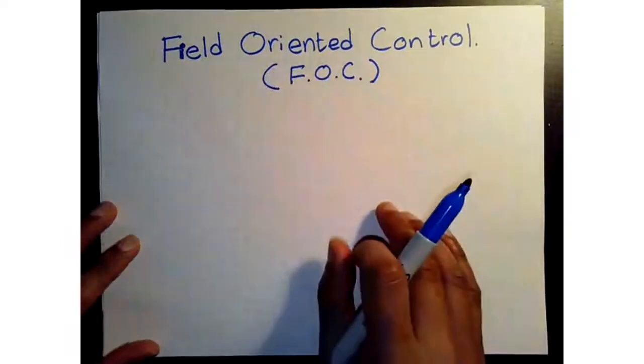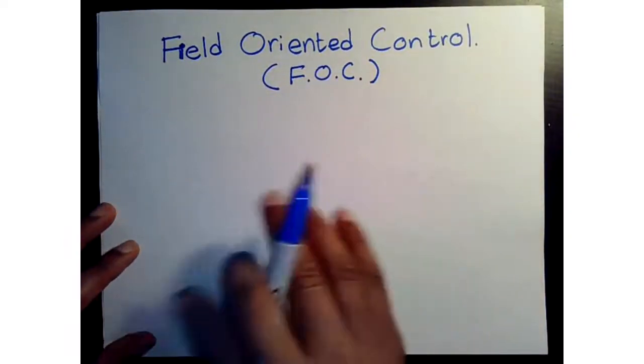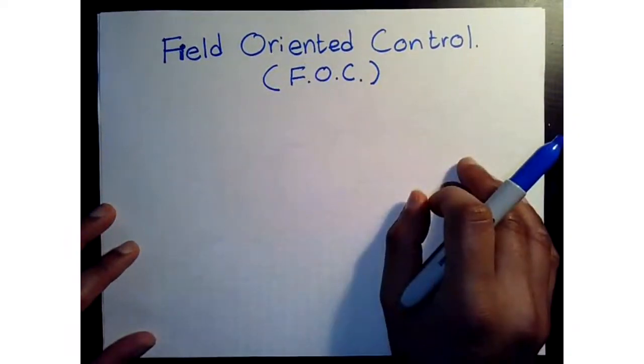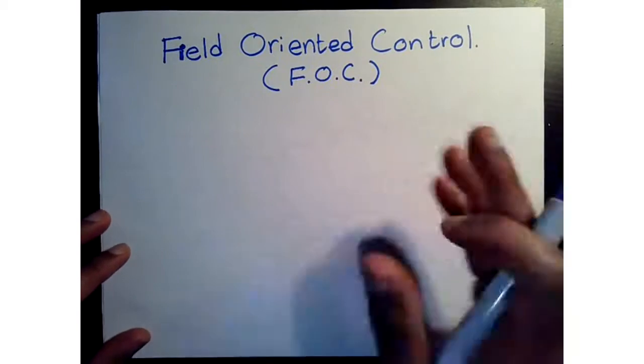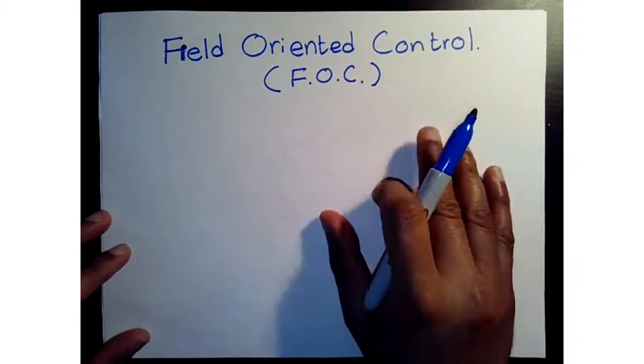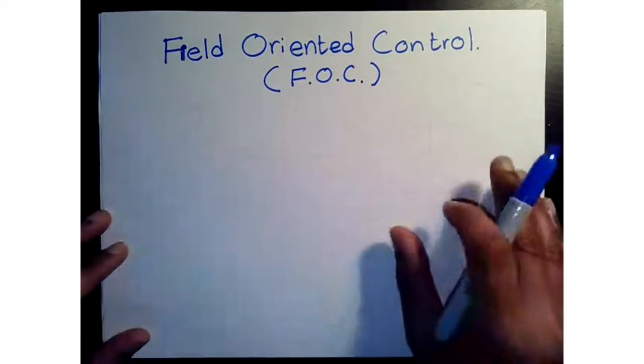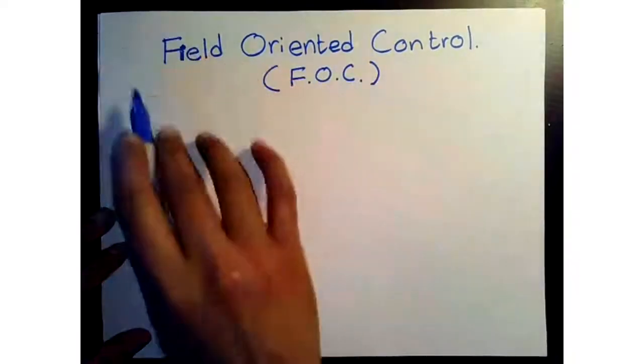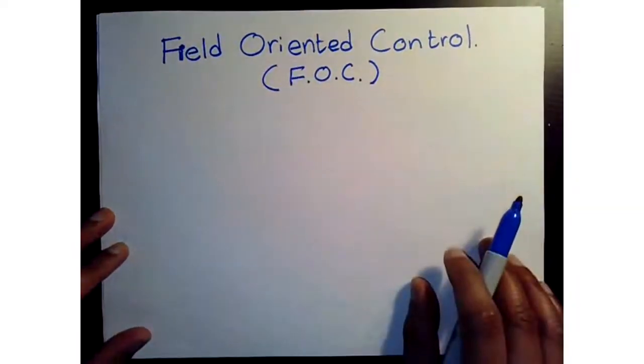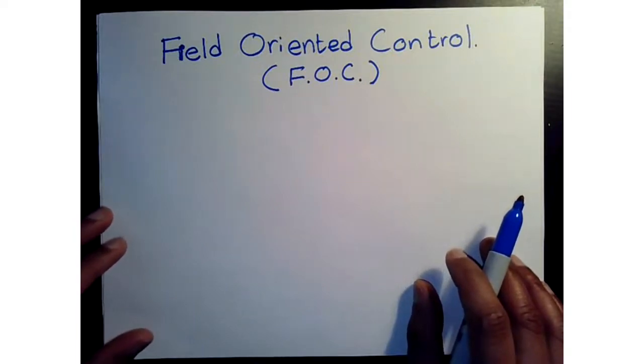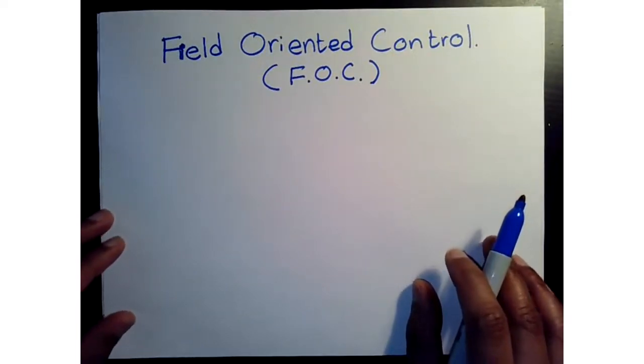Of course, we'll talk about different control strategies, maybe not in this much detail, but as an overview. But I want to present to you initially the field-oriented control strategy that we can apply to PMSM.